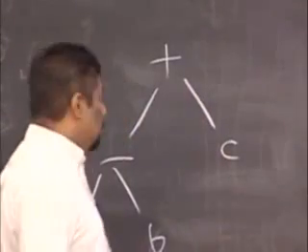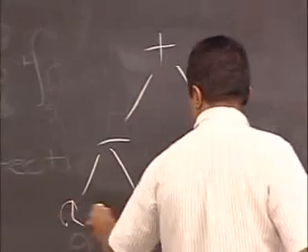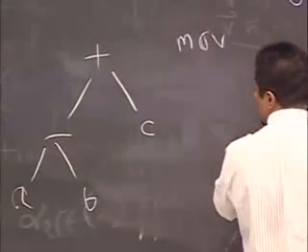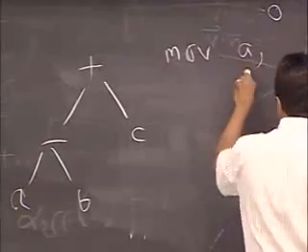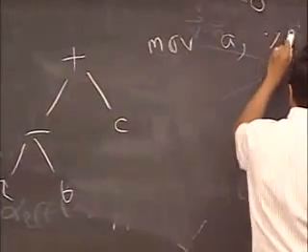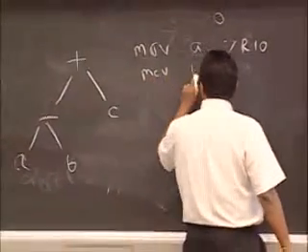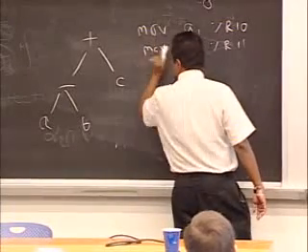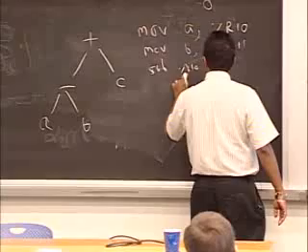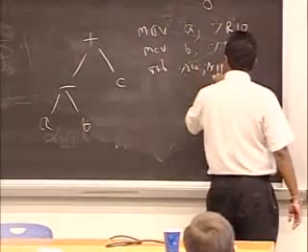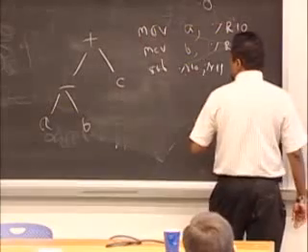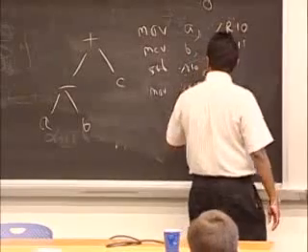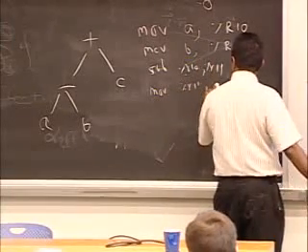We'll say something like this. What you want to generate is this: move A into R10, move B into R11, and then sub R10 from R11, putting the result into R11. Then I move R11 to something, say minus 24 off of RBP.